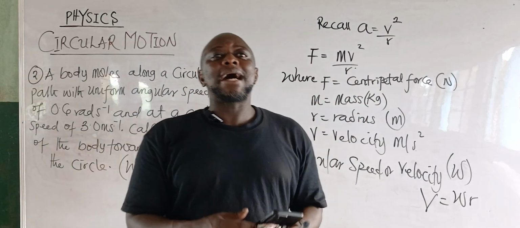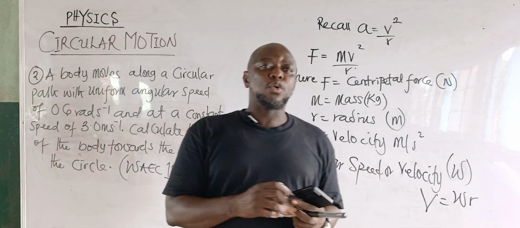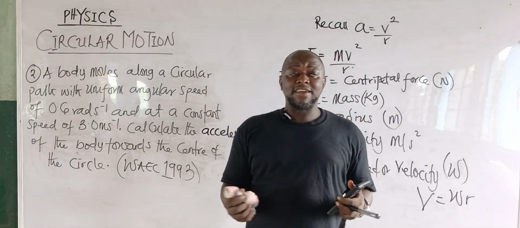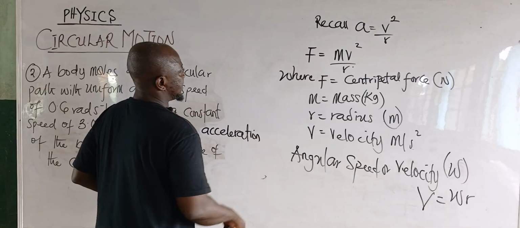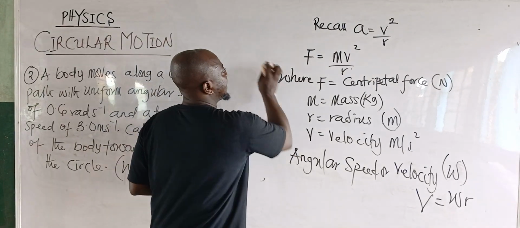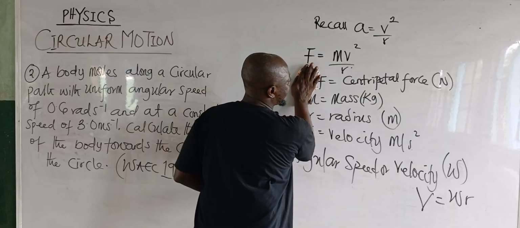These are the necessary things we need to know so we can solve questions like this. And it's very simple. Let's go ahead to solve this. Number one, let's list out the formulas and then we proceed to solving it.